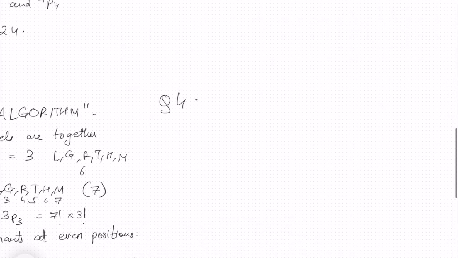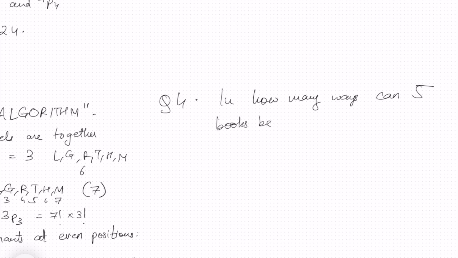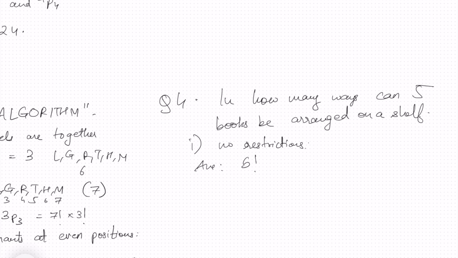In how many ways can 5 books, distinct obviously, be arranged on a shelf subject to the following conditions? One is no restrictions. No restrictions, we know it's 5p5, 5 factorial.